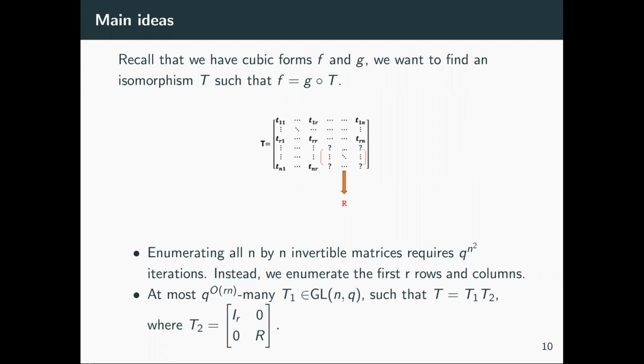So we enumerate the first r rows and columns, at most q to the order rn matrices T1 in GL(n,q), such that T is equal to T1, T2, and T2 is a block diagonal form.